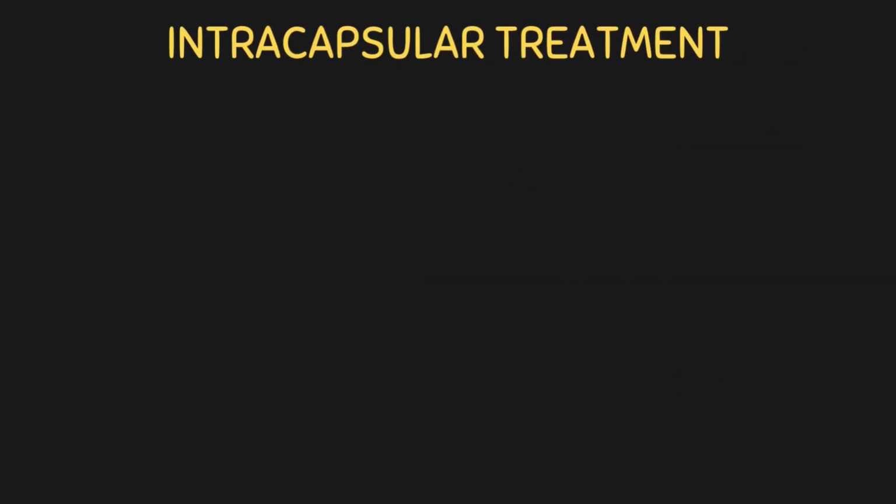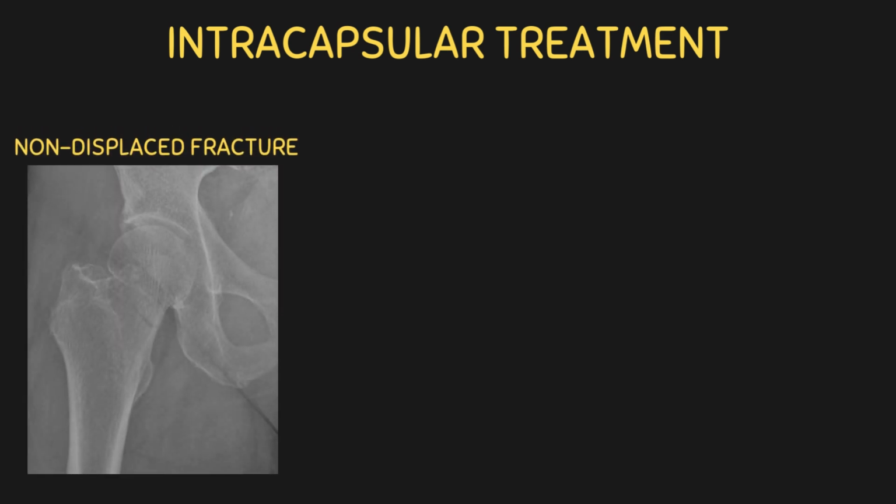The treatment for intracapsular fractures will depend on the type of fracture that has occurred. Here we have an example of a non-displaced intracapsular hip fracture, meaning that there is a fracture within the hip capsule, but the break has not caused significant displacement.